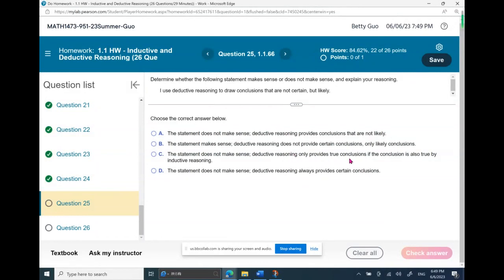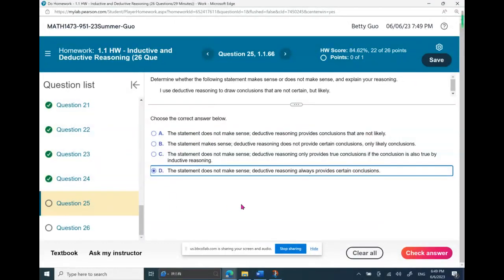Deductive reasoning only provides true conclusions if the conclusion is also true by inductive reasoning? No. Deductive reasoning always provides certain conclusions. It is either valid or invalid. If it's valid, it's either sound or valid but not sound. It is certain.